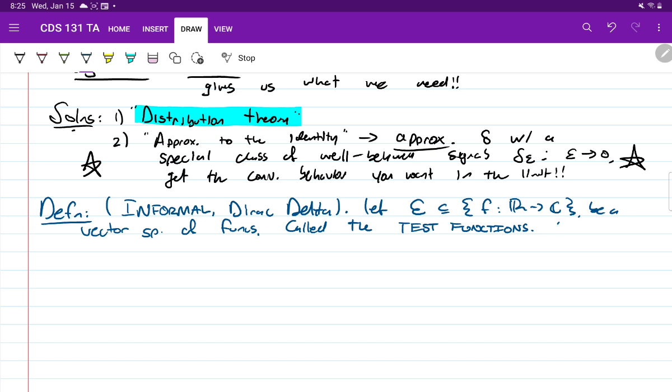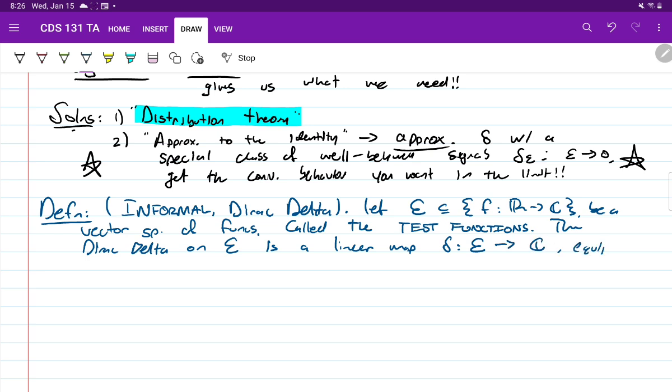Okay? So what I do is I define the Dirac delta on this set E as a linear map delta, which goes from E into the set of complex numbers.